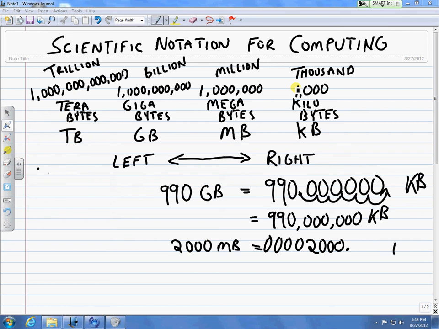So here we go. 1, 2, 3. So 2,000 megabytes would be 2 gigabytes. That's pretty easy. But let's go 3 more now. 1, 2, 3. Here's where we end up. If I rewrite this now, 2,000 megabytes is actually 0.002, or 2 thousandths of a terabyte.